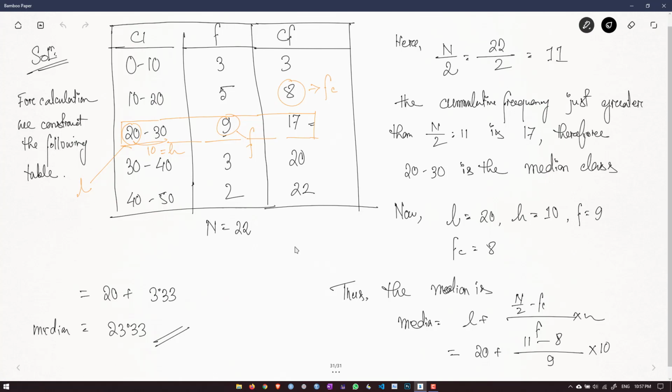Now let's move to another measure of central tendency, which is called mode.